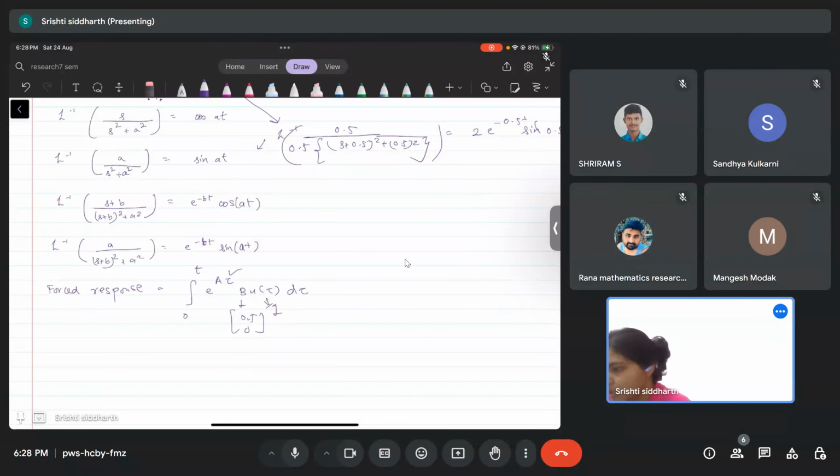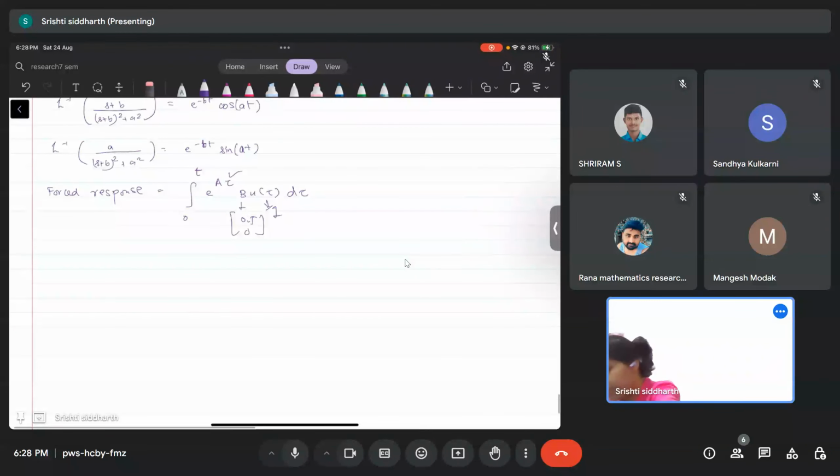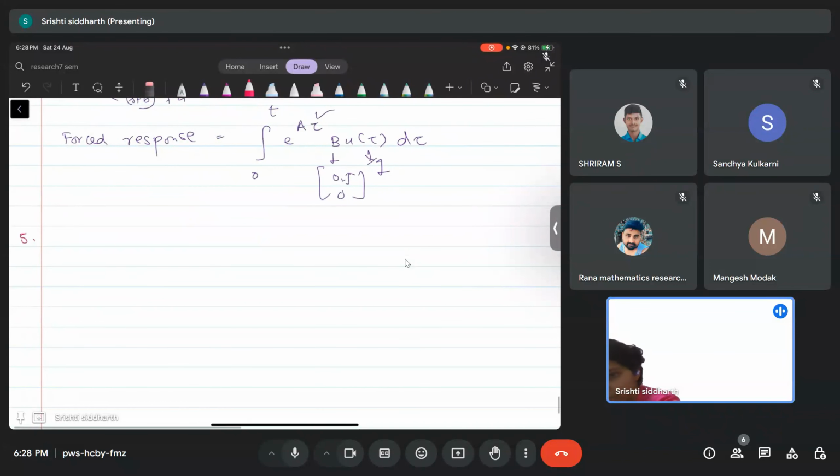Alright, so this is clear. Let's move on to the properties of the state transition matrix.